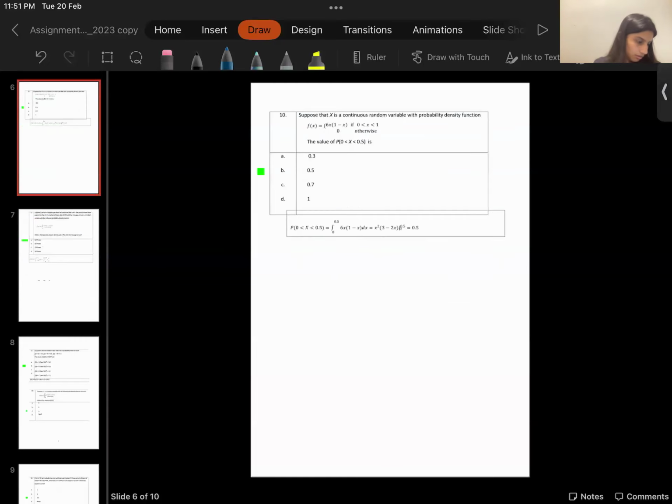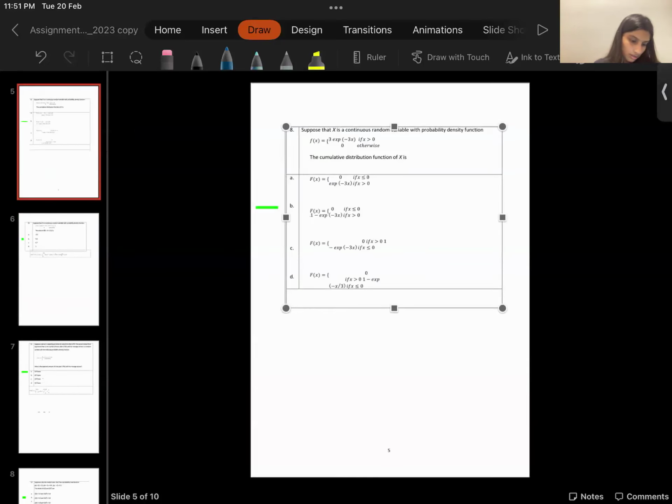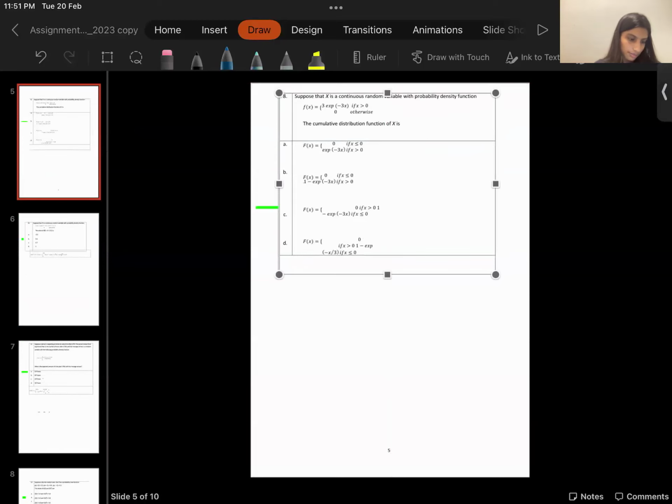Okay, let's suppose x is a continuous random variable with probability density function 3 exponential of minus 3x if x is greater than 0 and 0 otherwise. So now we want to calculate the CDF.